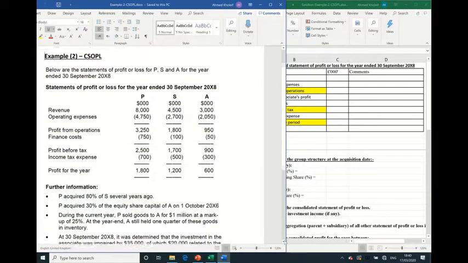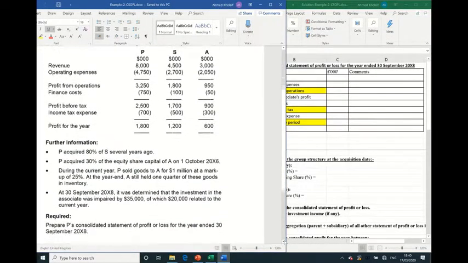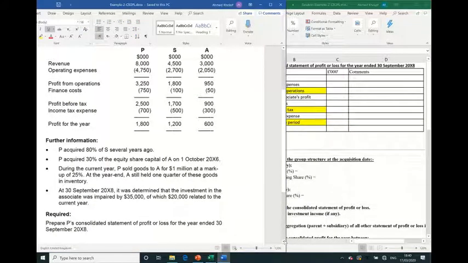And for the 3 companies, we have several items in the statement of profit or loss. We have revenue, operating expenses, finance costs, income tax expense, and then the profit for the year. And we have additional information. B acquired 80% of S several years ago, and B acquired 30% of the equity share capital of A on the 1st of October 2006.